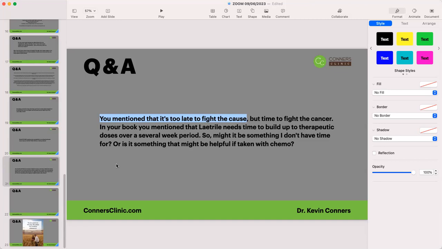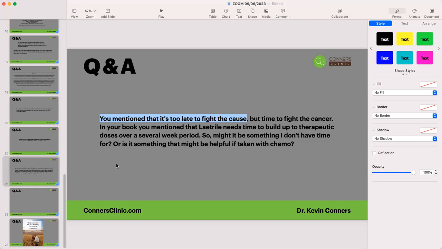Causes: why did I have a suppressed immune system? Why is my parasympathetic system down? Well, that's why people under a greater amount of stress have an increased incidence of cancer. So there's lots of pieces to that cause too that you have to deal with, that we make you guys deal with when we're trying to treat the cancer.